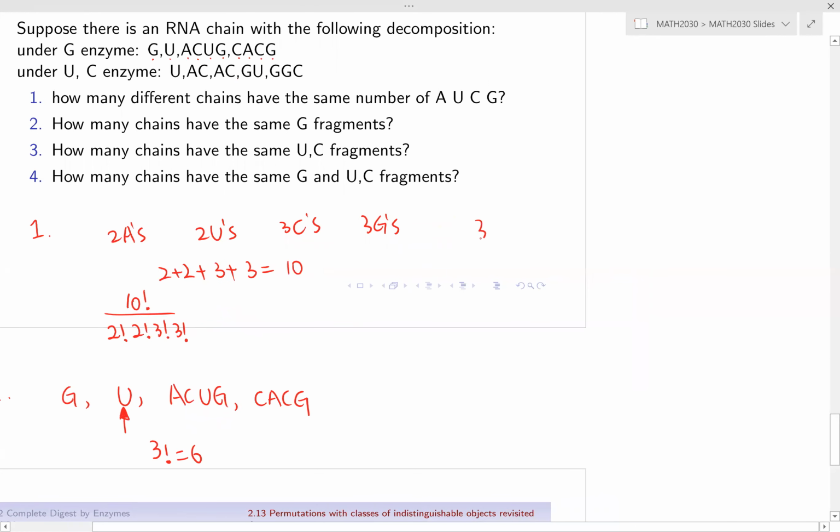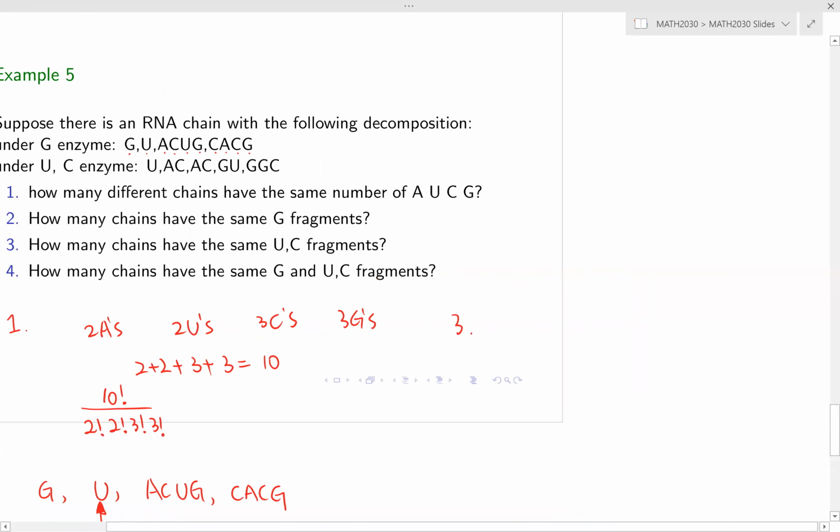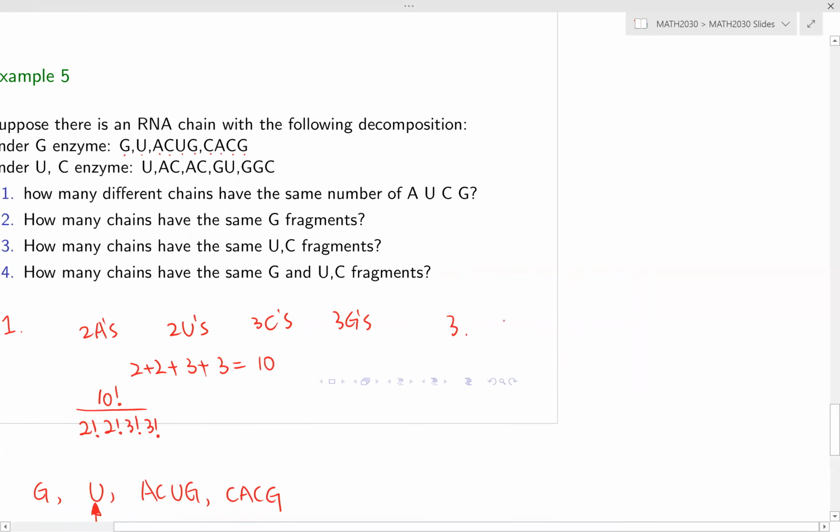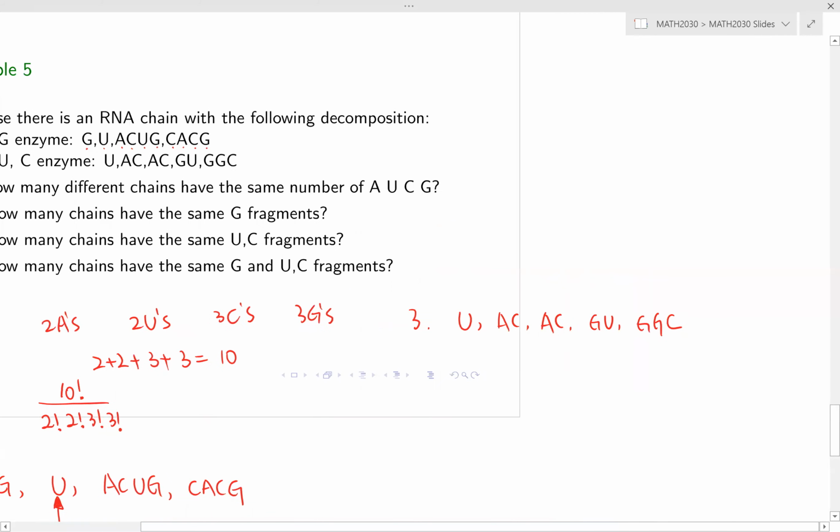Okay, part 3. How many chains have the same UC fragments? So let me write them down. We have U, we have AC, AC, GU, GGC. So let's see, we have 1, 2, 3, 4, 5 blocks. And then we see 2 repeated subchains, so divided by 2 factorial.